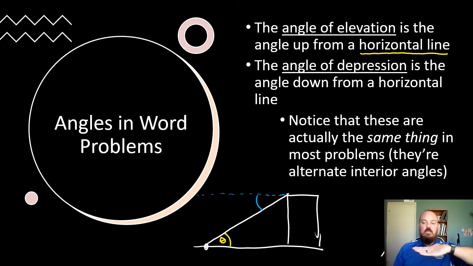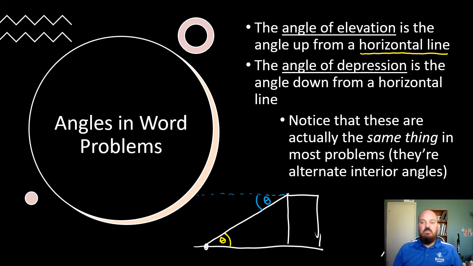Now, the horizontal line on bottom and the horizontal line on top are parallel because they are both horizontal lines. So the yellow angle and the blue angle are what we called back in Math 4 alternate interior angles, and they're congruent, they're equal.